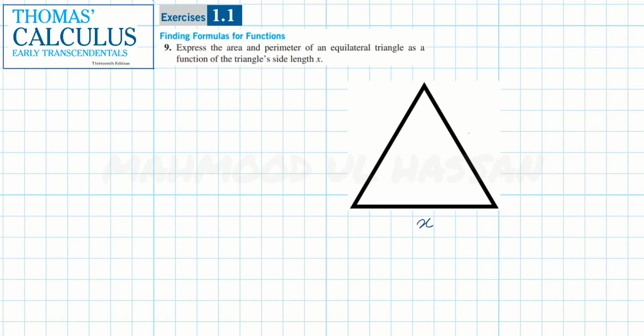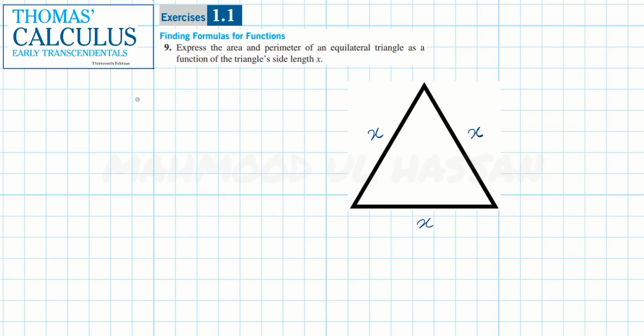Similarly, the length of this side is also x, and the length of this side is also x. And we know that the perimeter is basically the boundary of a two-dimensional figure. So here the length of the boundary of the triangle is basically the sum of these three lengths.